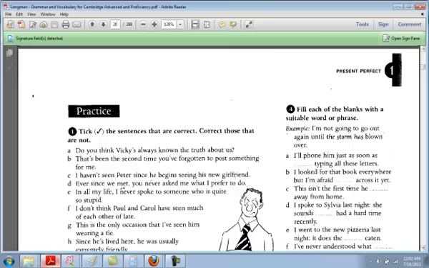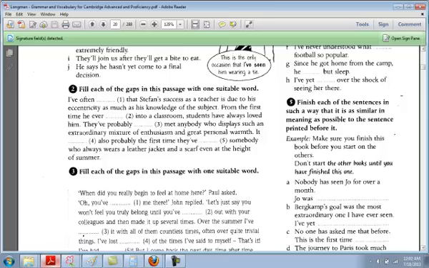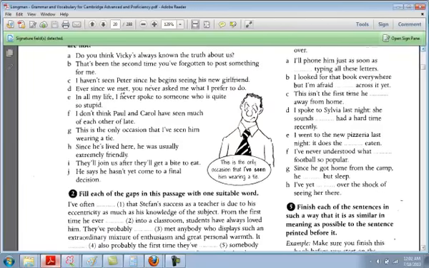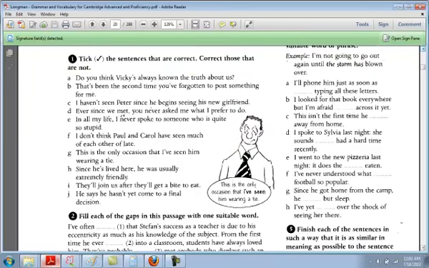Let's see our first exercise, and this is from Cambridge Advanced and Proficiency. You have to try some examples yourself and see which sentences fit. Do you think Vicky has also known the truth? Always known the truth about us?